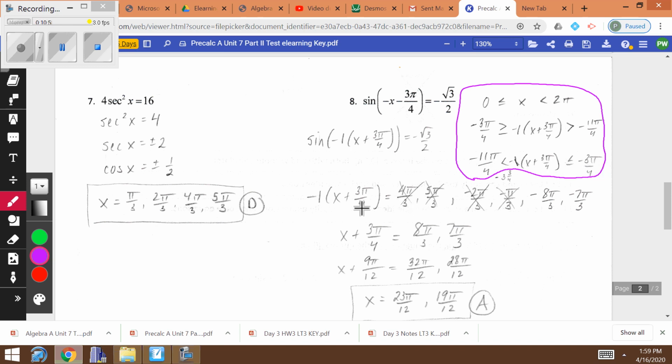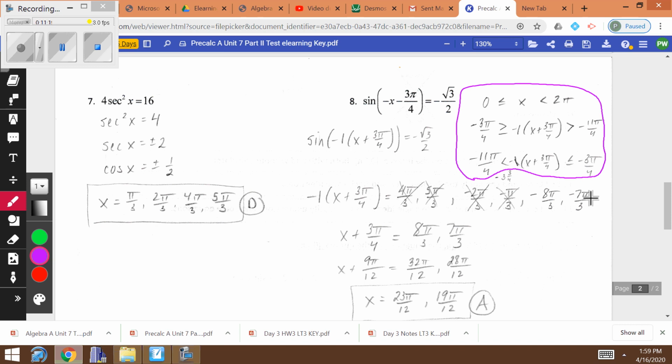So I started off thinking, where's the sine of -√3 over 2? That's at 4 pi over 3 and 5 pi over 3. However, neither of those are in the interval. So we knew we needed some negative ones, so I subtracted 2 pi. When I subtracted 2 pi, unfortunately, neither of those were in the interval. -2/3 is bigger than -3/4, so that's not in my interval.